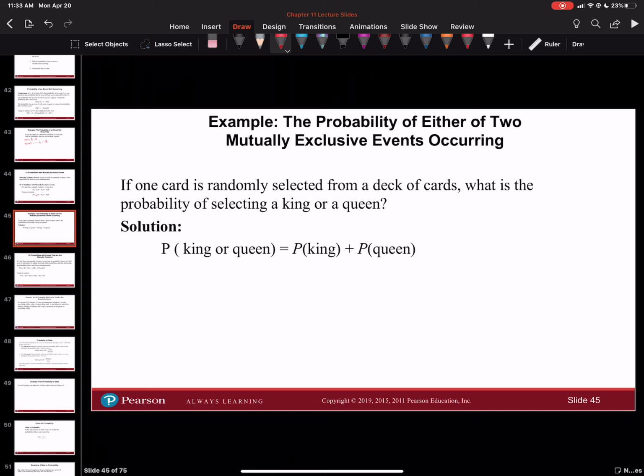So we could say the probability of getting a K or a Q, that's king or queen, is equal to the probability of getting a king, which is 4 over 52, plus the probability of getting a queen, which is 4 over 52. So basically that's 8 over 52, or we could write 2 over 13.